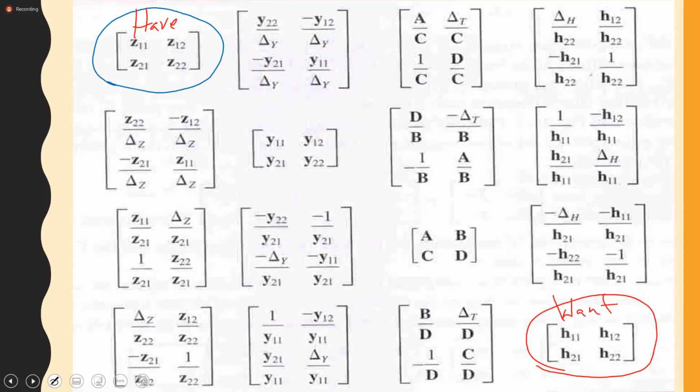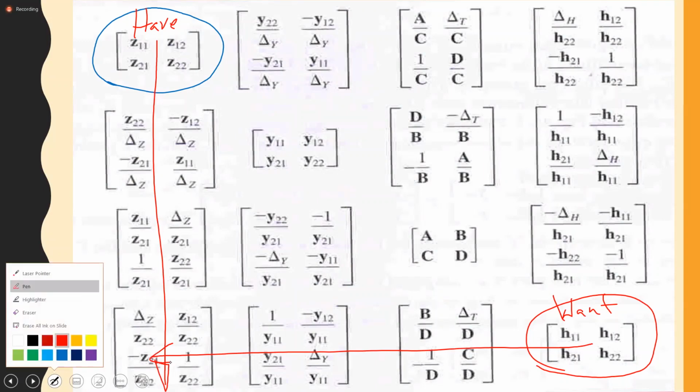What you have, you move in the vertical plane. So you move vertically with what you have. What you want, you move horizontally. Where they intersect, that's the matrix that you're going to use.